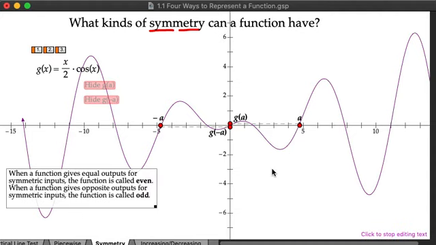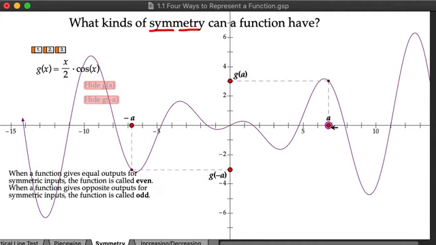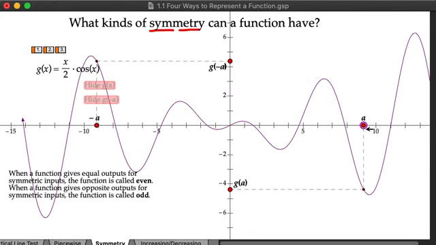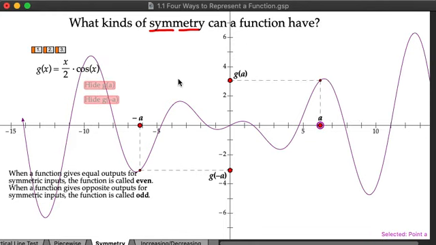Okay. So here we have opposite inputs and opposite outputs.